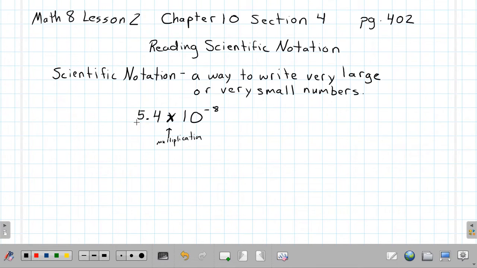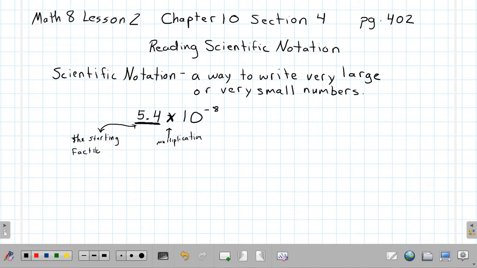But if a number is written in scientific notation, so this place where the 5.4 is, this first number written in scientific notation, this is what we're going to call the starting factor or the beginning factor.